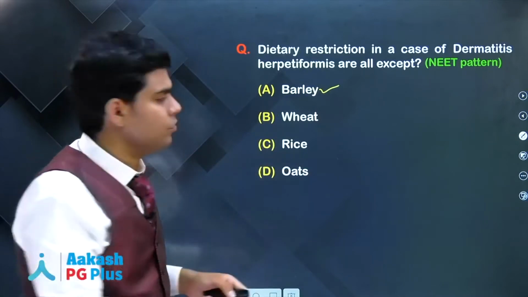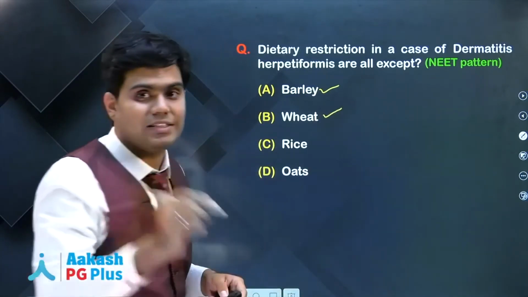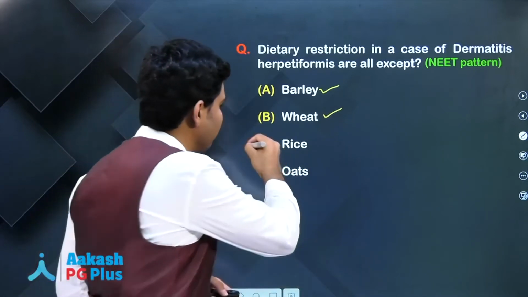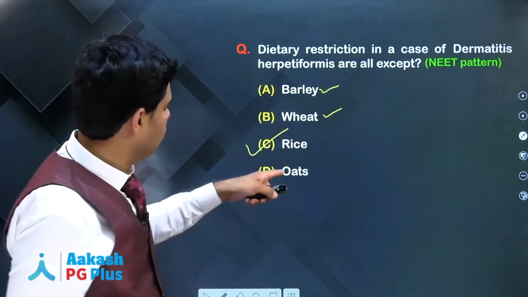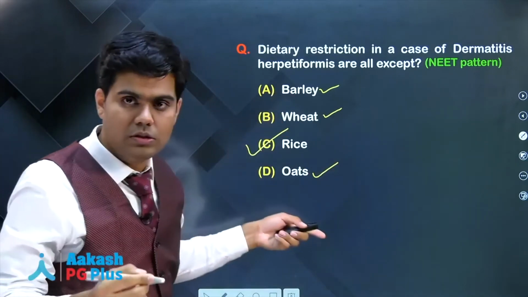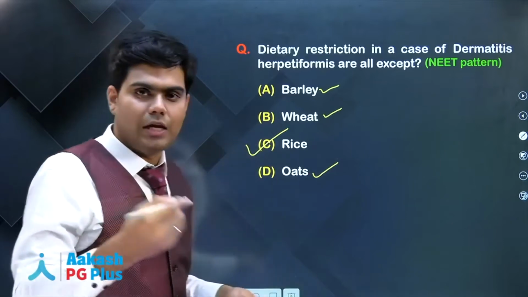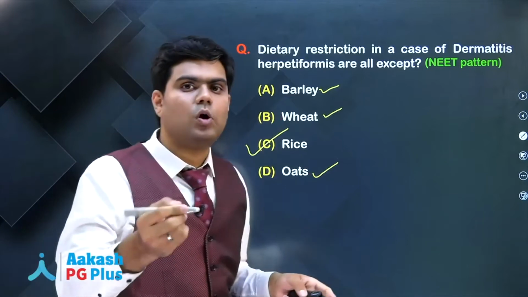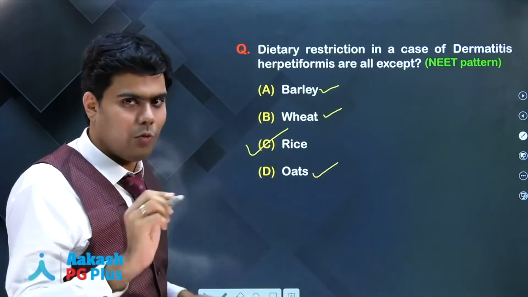Wheat, can you give? You can't give. So wheat also is restricted. Rice, idli, we can give. So the answer is rice. Oats, we cannot give. So these three things, barley, wheat and oats, we cannot give. Rice is allowed. What was the fourth in the mnemonic? BROW. R stands for rye, not rice, right?